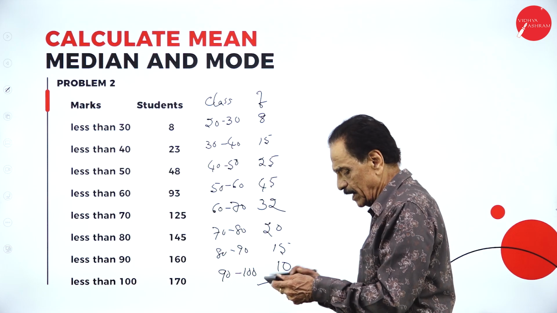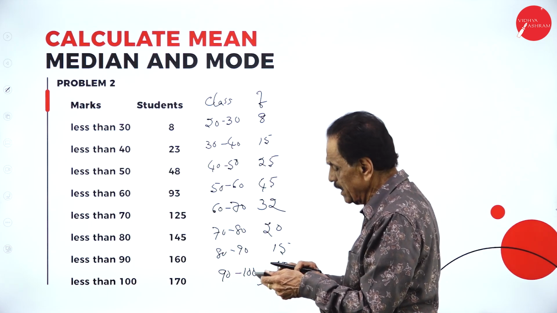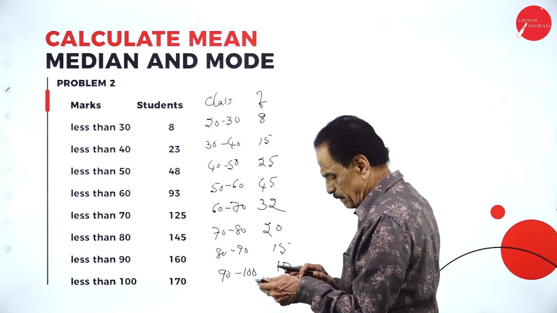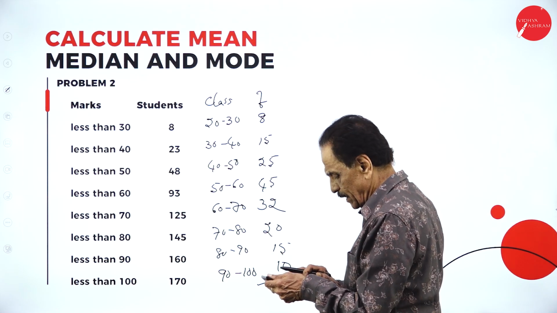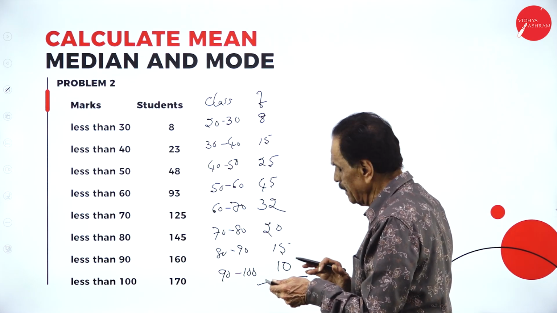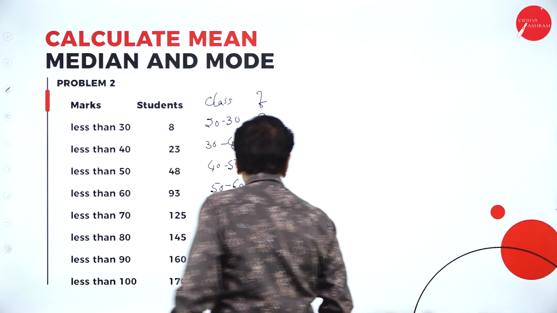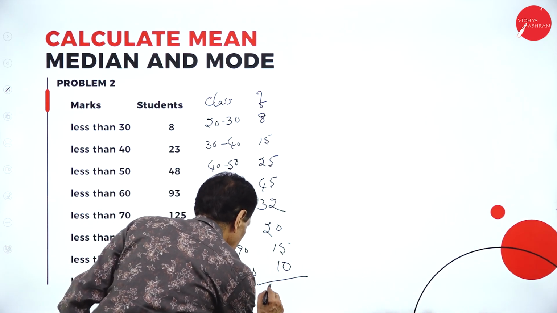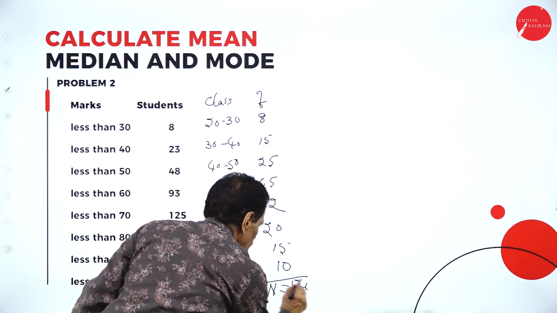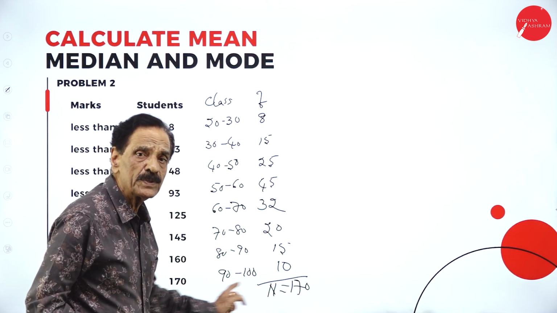Then this is 8 plus 15 plus 25 plus 45 plus 32 plus 20 plus 15 plus 10, 170. So n is equal to 170. This and this should be one and the same.